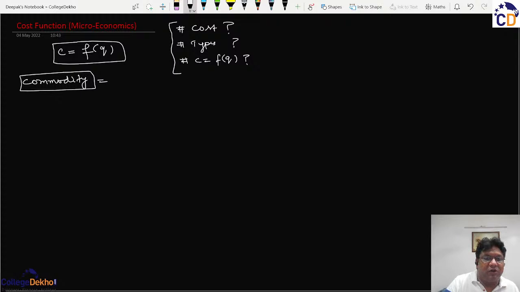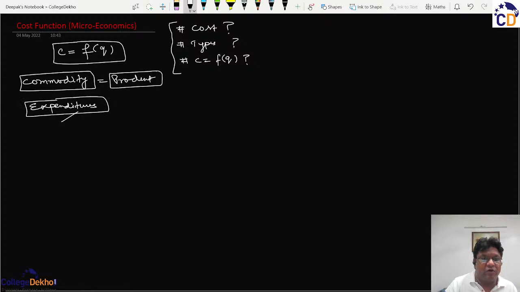So, this commodity or the product has to be produced or brought into existence, and all those expenditures, whether they are paid explicitly or even if not paid, they are required for the production or to bring the product into existence.